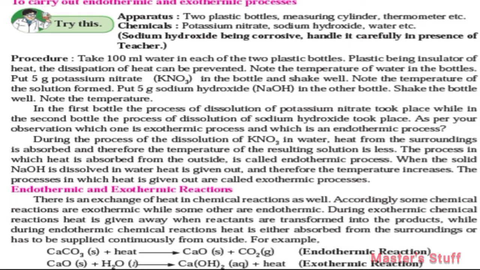For example, CaCO3 plus heat gives CaO plus CO2. It is an example of an endothermic reaction. While CaO plus H2O gives Ca(OH)2 plus heat, which is an example of an exothermic reaction.